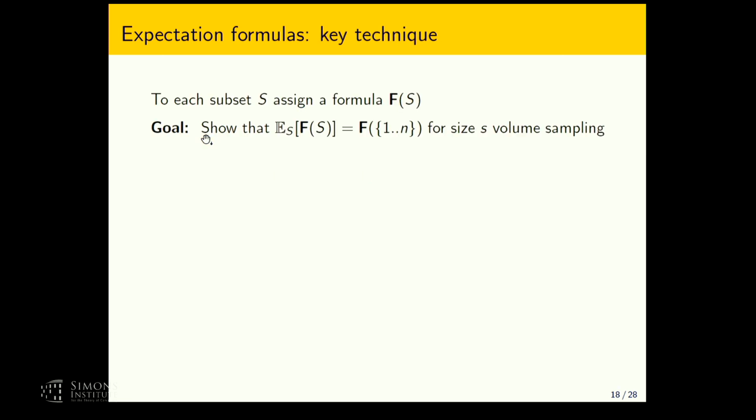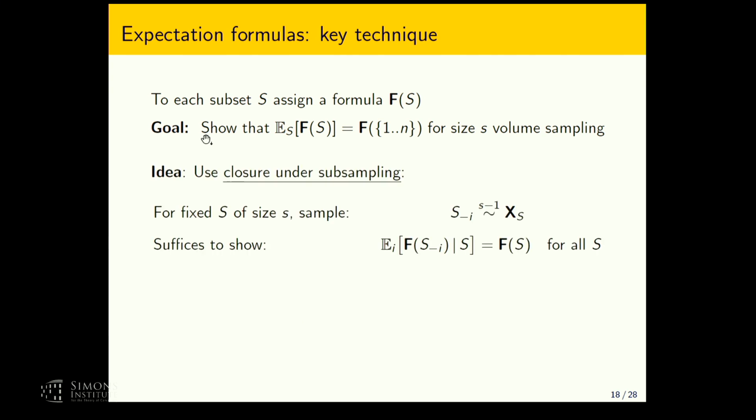Just to give you a sense of the proofs that we have here, how do we go about showing, for example, this unbiasedness property for the pseudo-inverse matrix? Let's say that we want to show the expectation formula for a formula f. Basically we want to show that under volume sampling, the expectation of f of S, which assigns some formula to any subset S, is equal to the value of f on the whole data set.